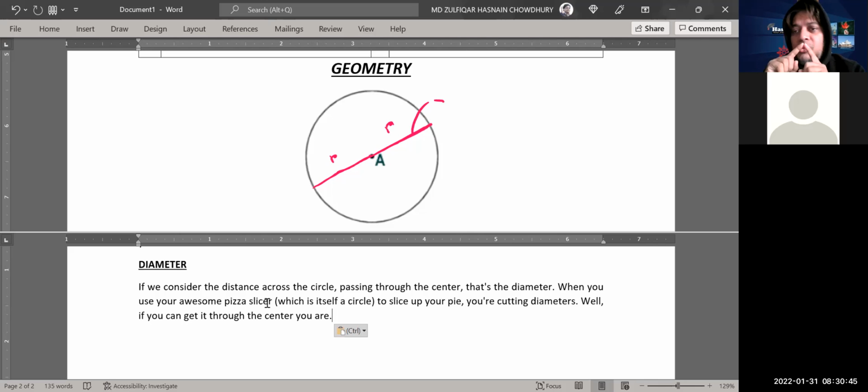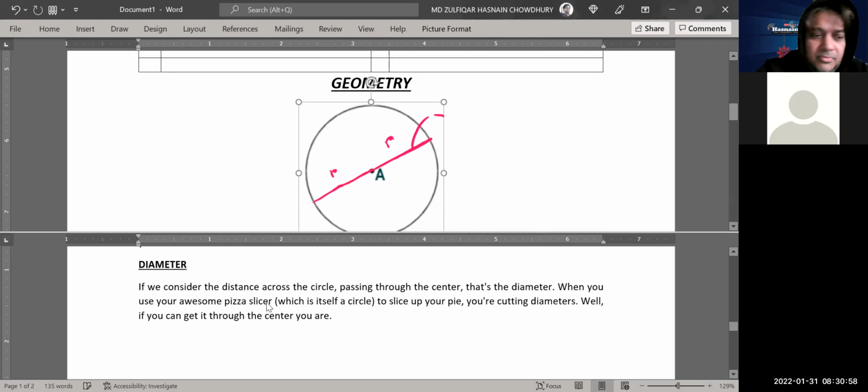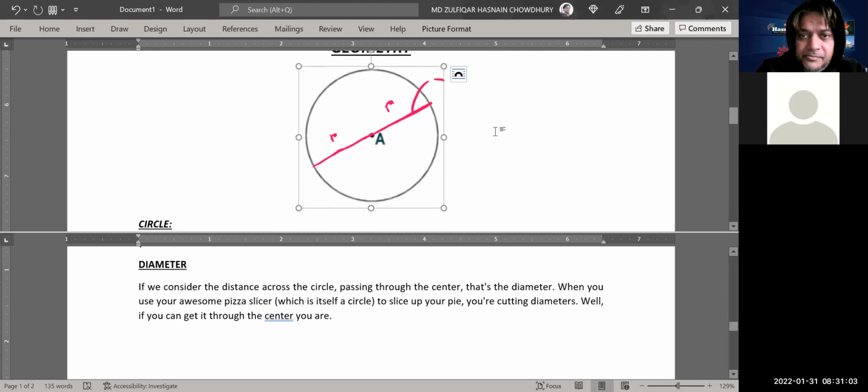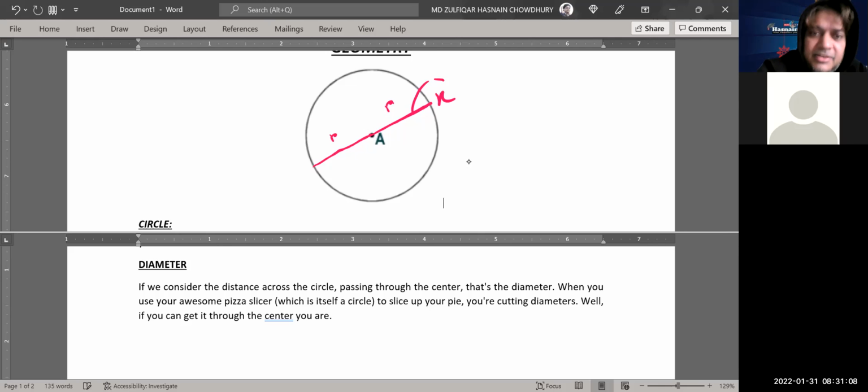The distance between two points through the center across the circle, say if it is X and if it is Y, these are the points. You have to consider the distance between these two points through the center. The distance between these two points through the center is known as the diameter.